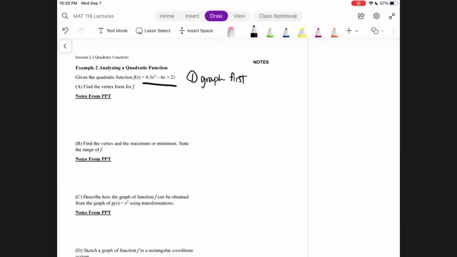So we know that the vertex is at (6, 3). This is a min. And then that means the range would be y is greater than or equal to the y value of your vertex. If it's a max, it's y is less than or equal to, like in the previous problem.